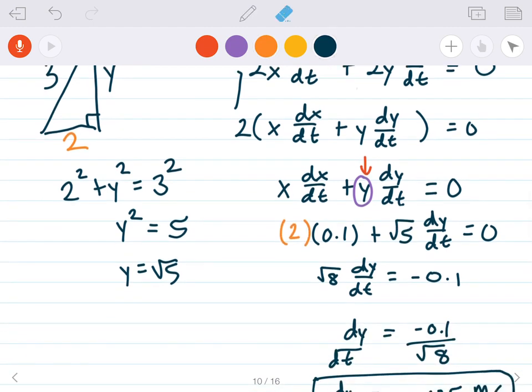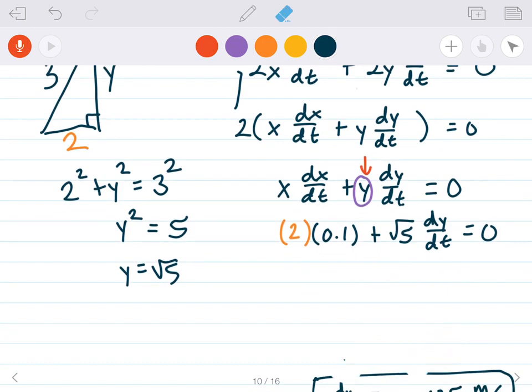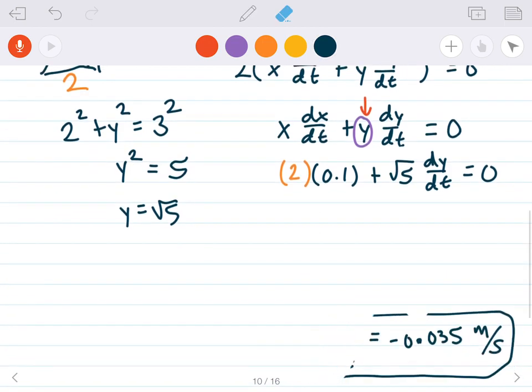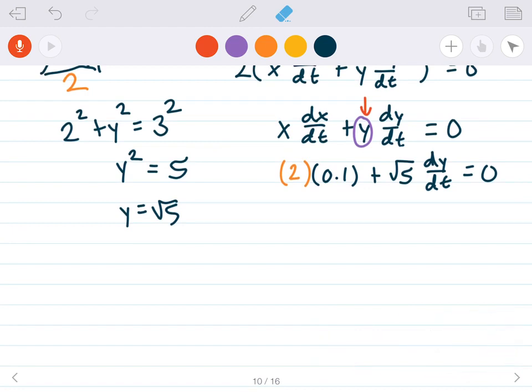So solving for dy/dt, let's see what we get. Didn't mean to say dx there.